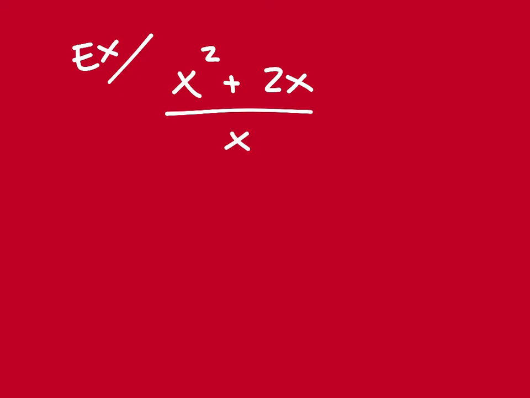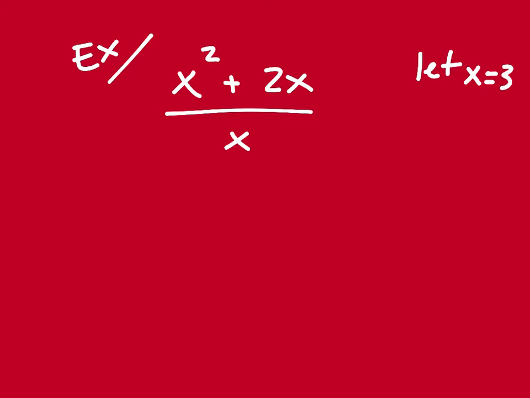Let's say that you've got x squared plus 2x over x. I'm going to do this, and let's let x be equal to 1. Actually, let's not do that. Let's let x be equal to, say, 3.